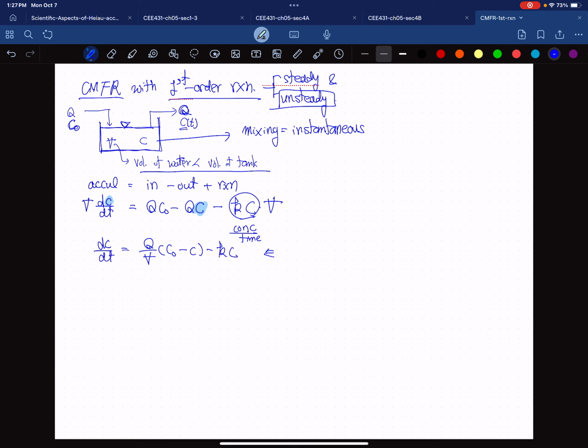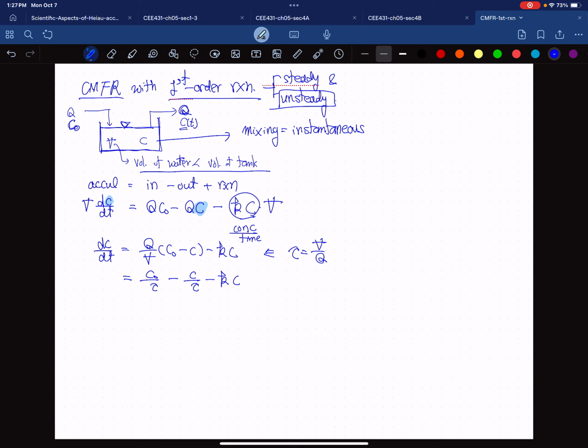We define tau, the hydraulic retention time, as volume divided by Q. So we could rewrite this as C naught over tau minus C over tau minus kC.